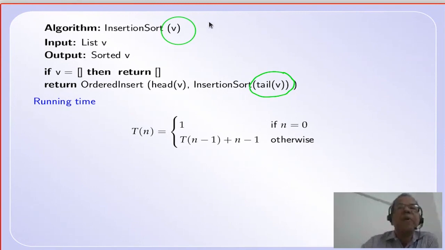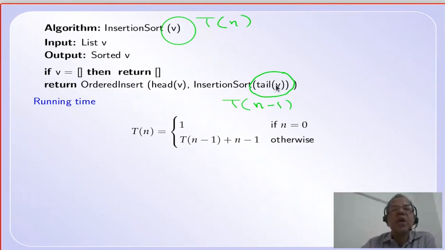What is the running time of the call, T of n? What is the running time of the recursive call? T of n minus 1, because if the size of V is n, the size of the input to the recursive call is just 1 less. Now, what is the important operation?